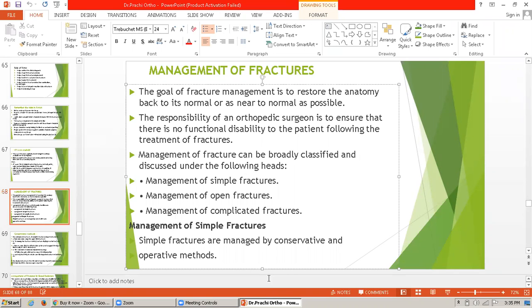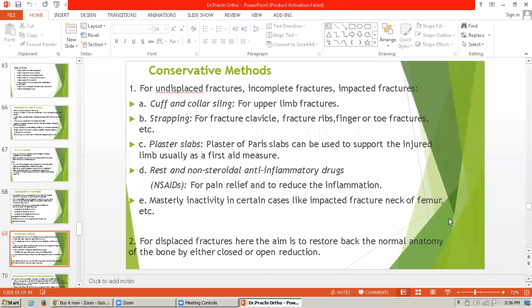Firstly, the management of the simple fracture is by conservative and operative methods. We can use a conservative method for undisplaced fracture, incomplete fracture and impacted fracture.